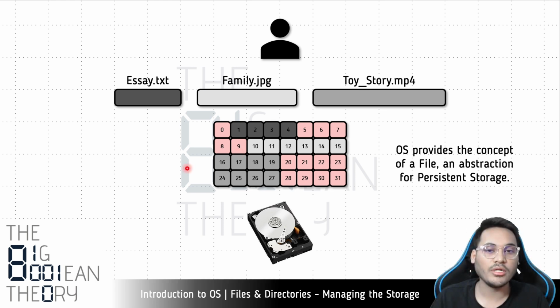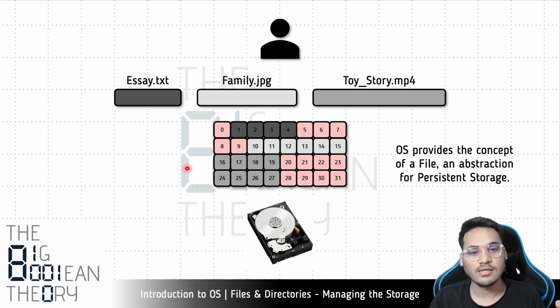Another important point about files is that the view the operating system provides to the different processes is that the storage device is a shared entity, right? But in the case of other abstractions, let's take the example of the CPU. There the operating system was trying to provide the illusion that every process has a private CPU. In the same way, by providing different address spaces, the operating system was creating the illusion that the memory is private to each of the processes.